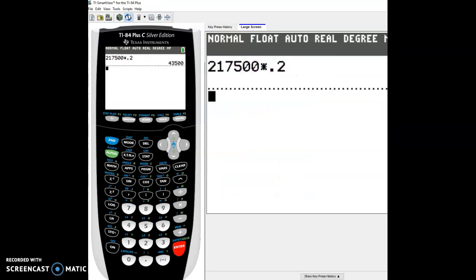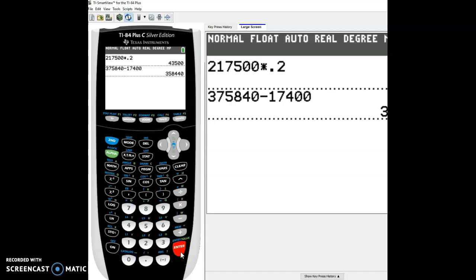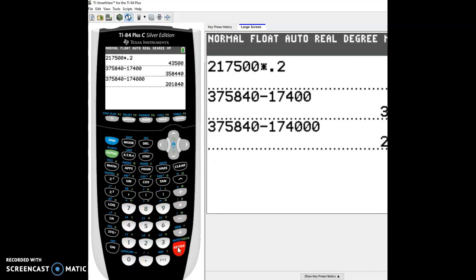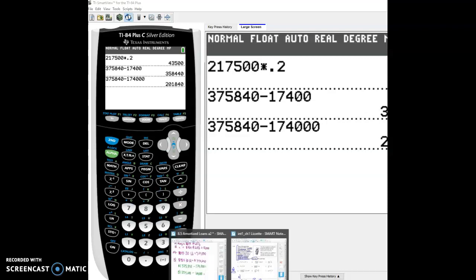So when I go to a calculator, I go 375,840 minus 174,000, enter. That is not right. 375,840 minus 174,000.